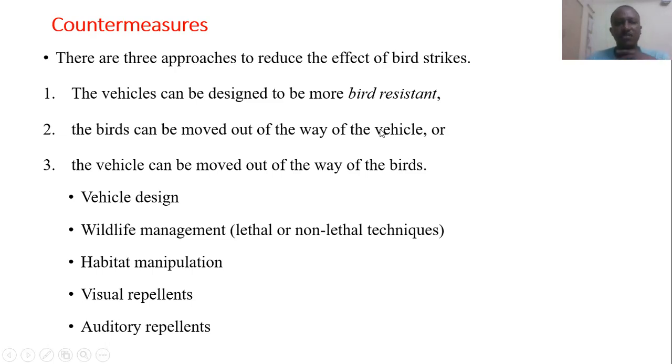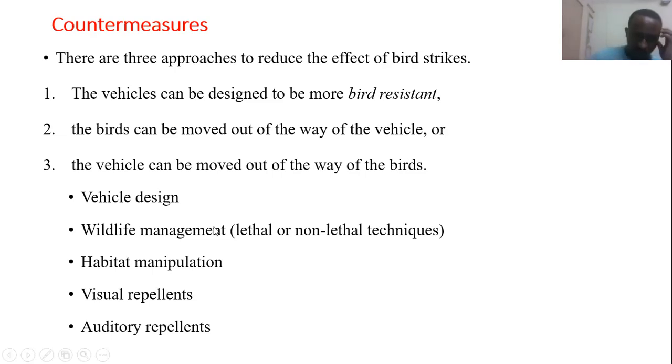The second approach is that the birds can be moved out of the way of the vehicle, meaning removing birds near the flight area. And another one is that the vehicle can be moved out of the way of the birds. These are the proposed approaches.